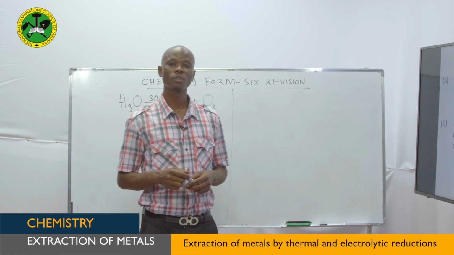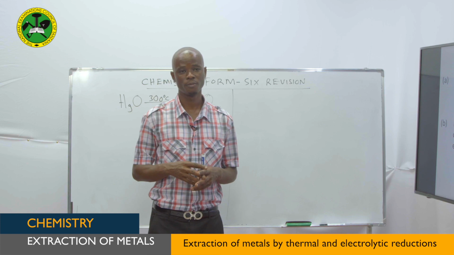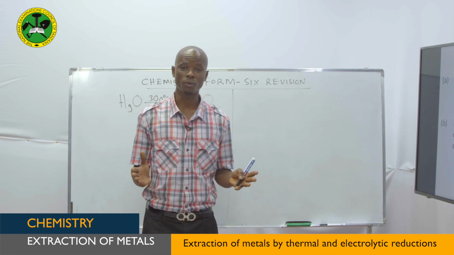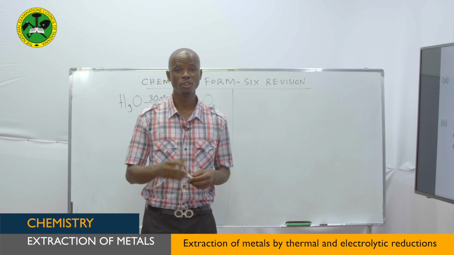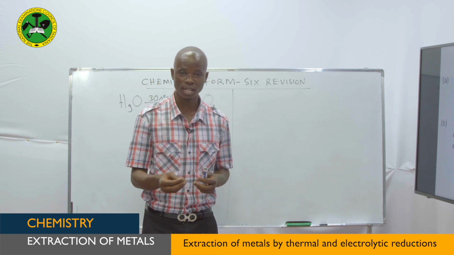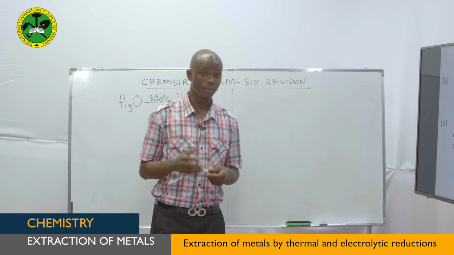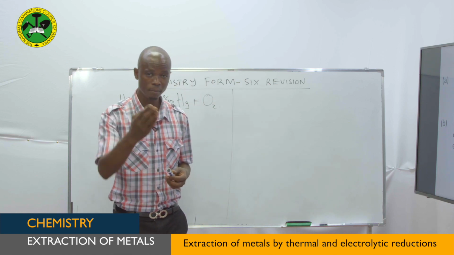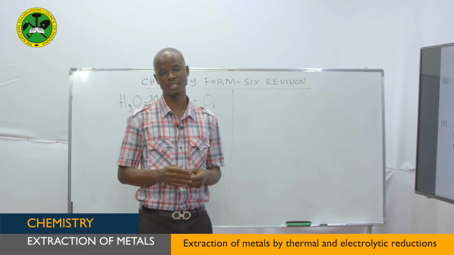But number 2, we have chemical reduction by using coke or charcoal. That means carbon. For example, you can obtain zinc by reducing zinc oxide using carbon. It is very simple. Number 3, chemical reduction by using carbon monoxide.